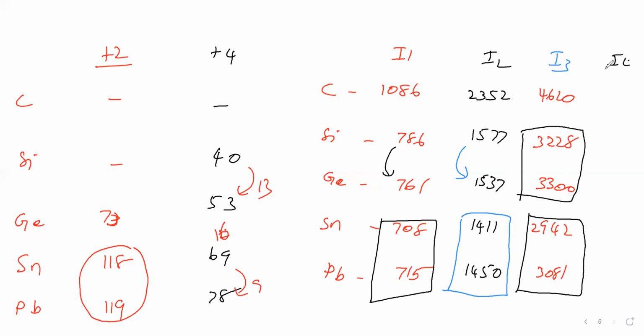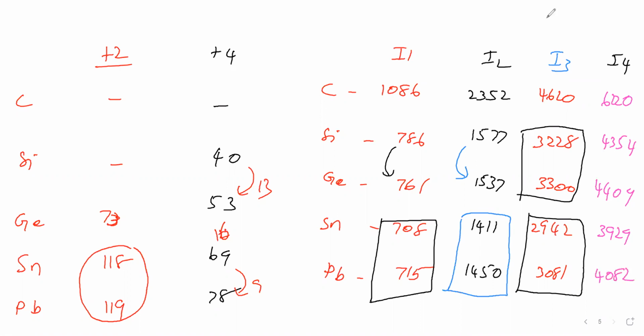Next, I4, fourth ionization energy we will take. Fourth ionization energy for carbon 6220, for silicon 4354, for germanium 4409, for tin 3929, for lead 4082.